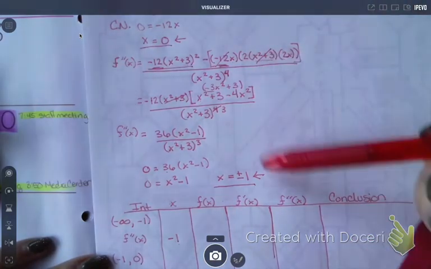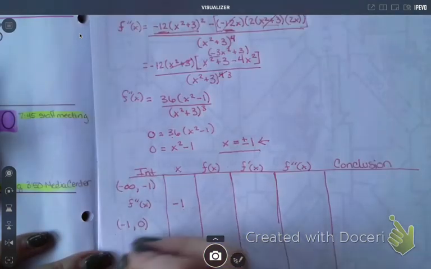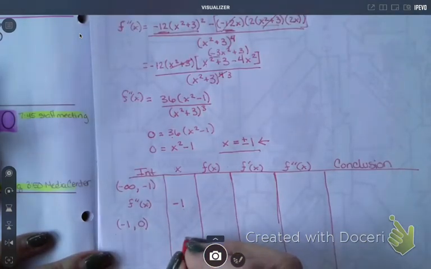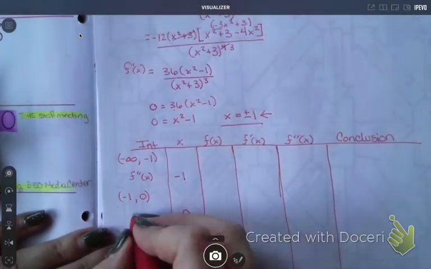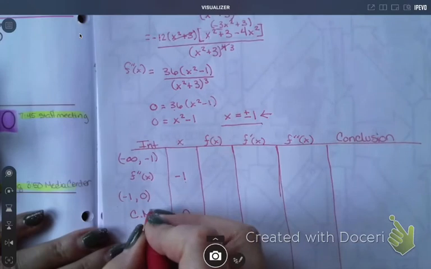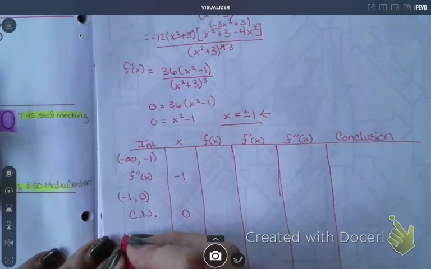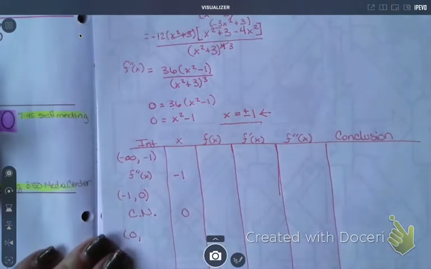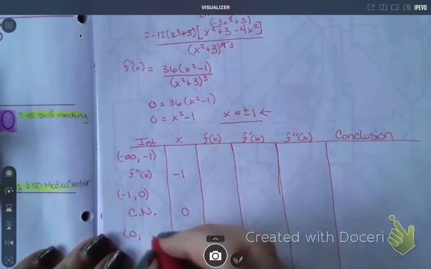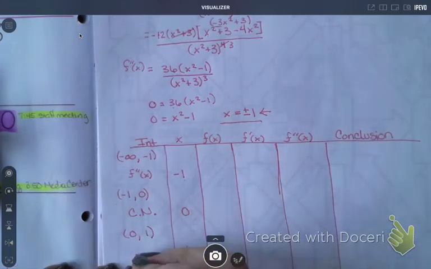So the next number we have is 0. And then on the next line, 0. And where did 0 come from? That's the first derivative, which is a critical number. So I leave 0 and go to where? To 1. And then I put 1 on the next line down, and that came from the second derivative.